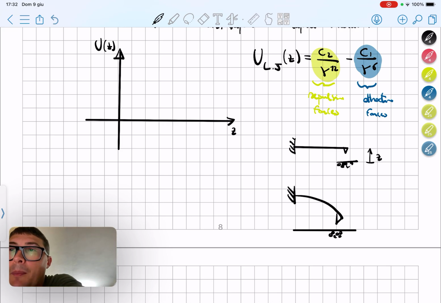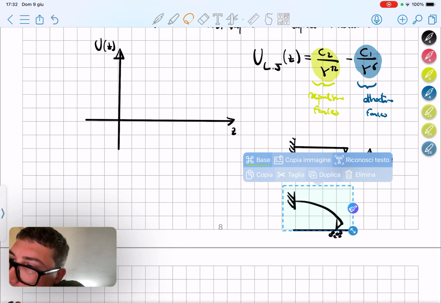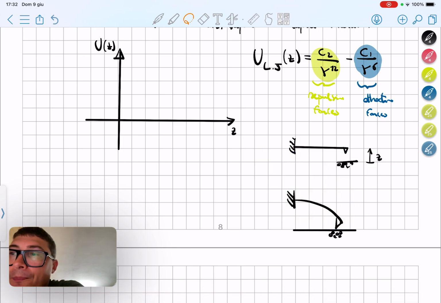And if we approach too much, they will be in contact, so the cantilever starts to get in contact this way.